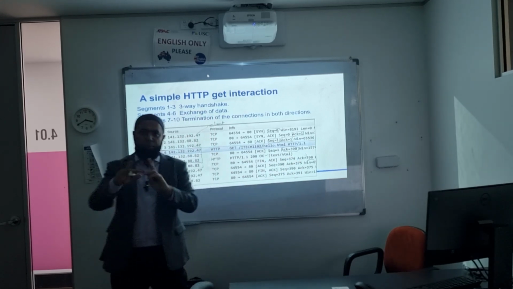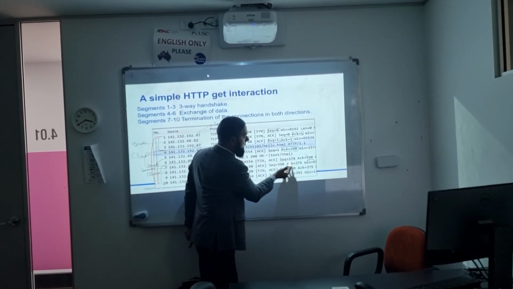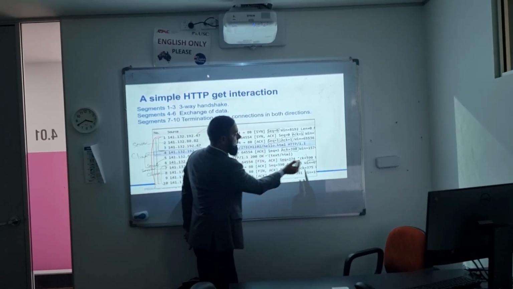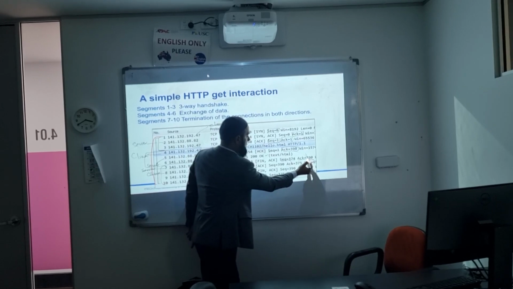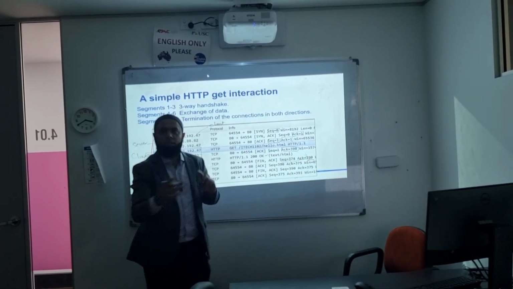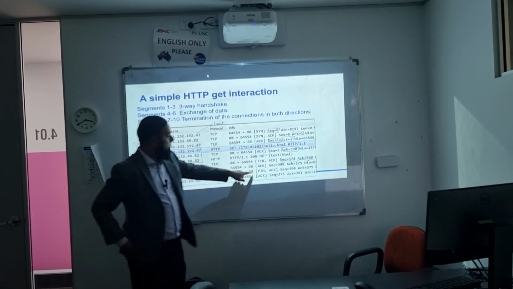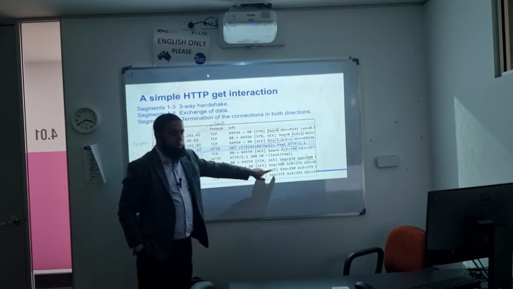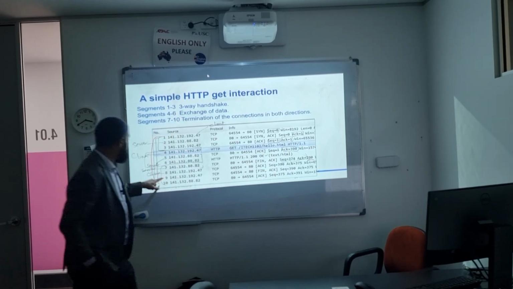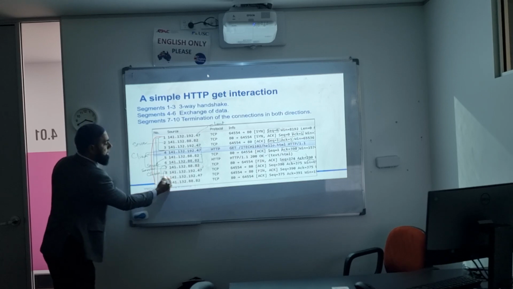So it keeps changing. What is a sequence for one becomes the acknowledgement for the next, and what is an acknowledgement there becomes the sequence for that. So this is how it keeps moving on. And then again the FIN and acknowledgement, both from the client.